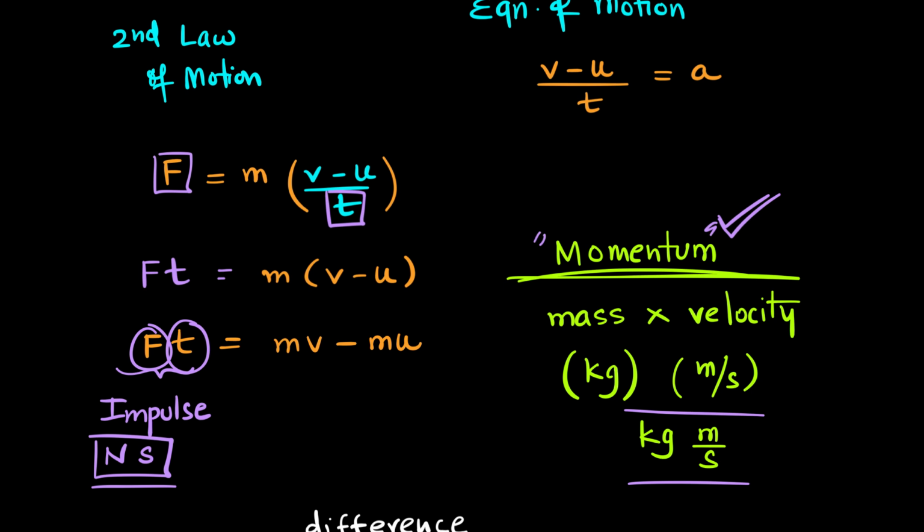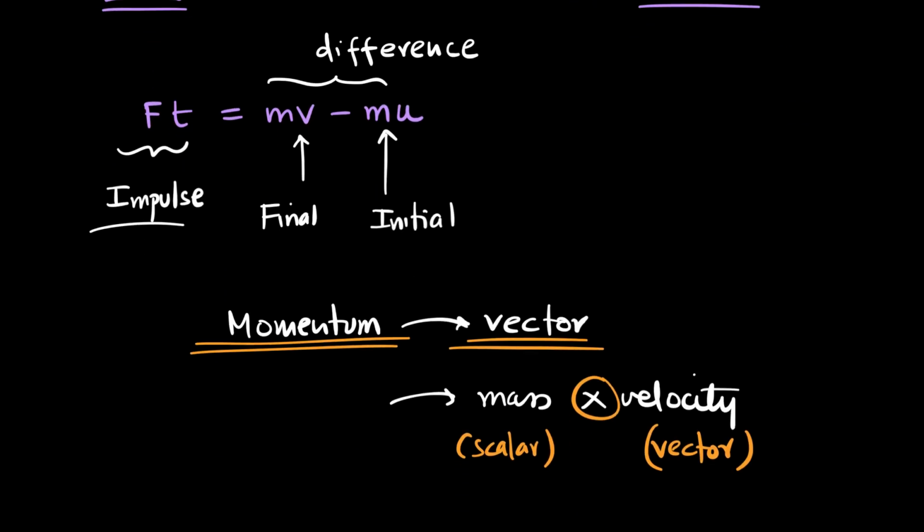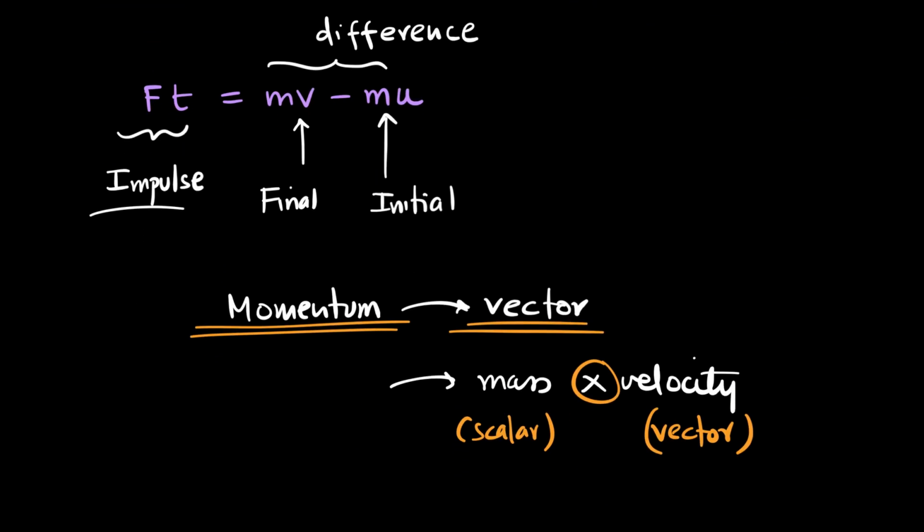So the equation is impulse, which is the product of force into time, equals change in momentum. Momentum is defined as the product of mass and velocity. Momentum is a vector quantity. The unit can be written as kilogram meter per second, but the commonly used unit is Newton second. And then we did some simple questions related to momentum.